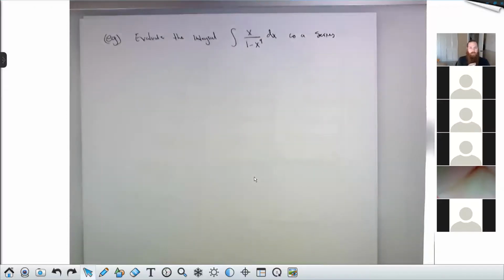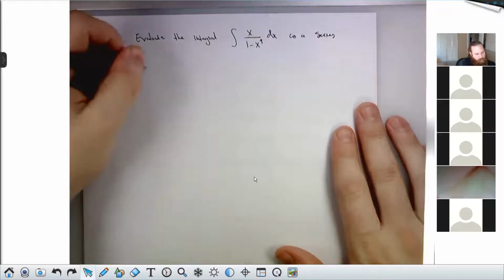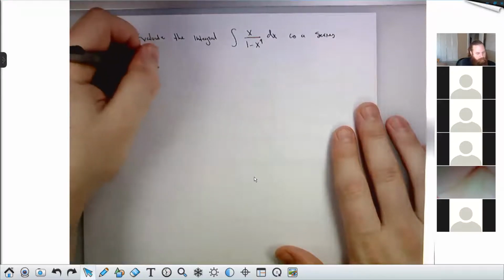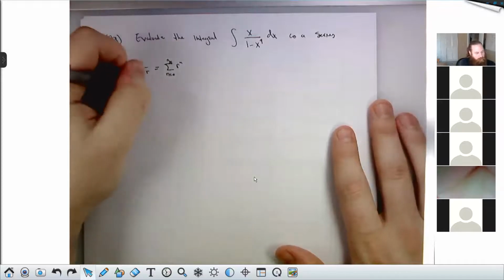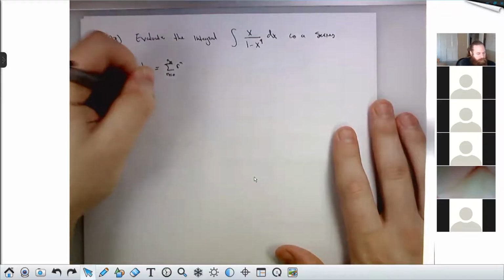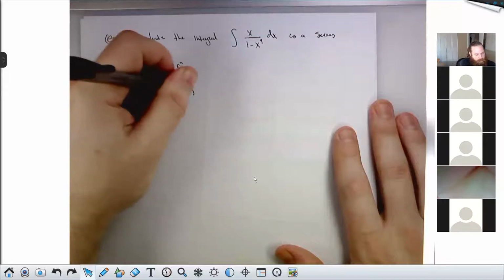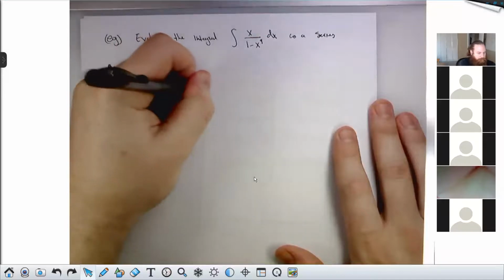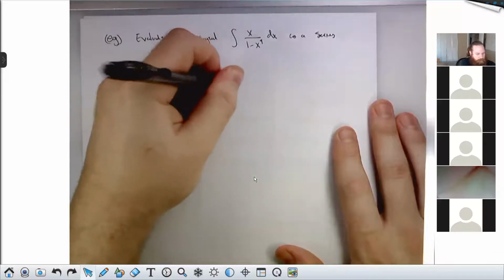This is a fairly tame example because here we can use the 1 over 1 minus r stuff to say that 1 over 1 minus x to the 9 is sigma n from 0 to infinity x to the 9 to the n, which is sigma n from 0 to infinity x to the 9n.